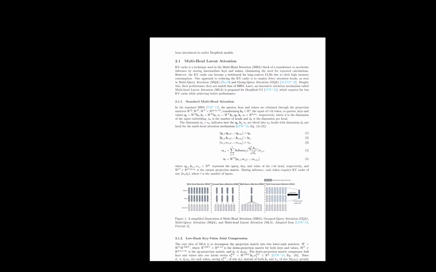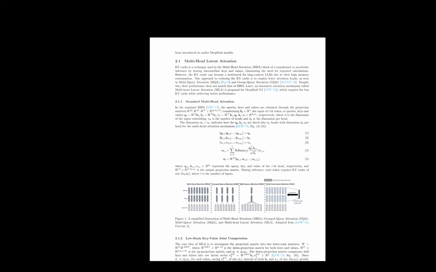2.1.1 Standard multi-head attention. In the standard MHA, the queries, keys, and values are obtained through the projection matrices W^Q, W^K, W^V in R^(d_h n_h × d), transforming h_t in R^d, the input of the t-th token, to queries, keys, and values: q_t = W^Q h_t, k_t = W^K h_t, v_t = W^V h_t, with q_t, k_t, v_t in R^(d_h n_h), respectively, where d is the dimension of the input embedding, n_h is the number of heads, and d_h is the dimension per head.